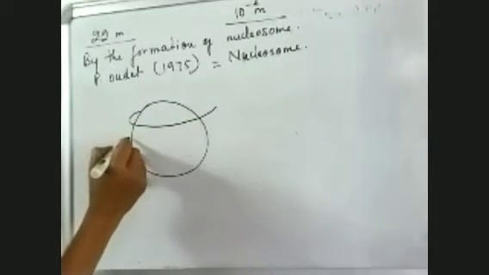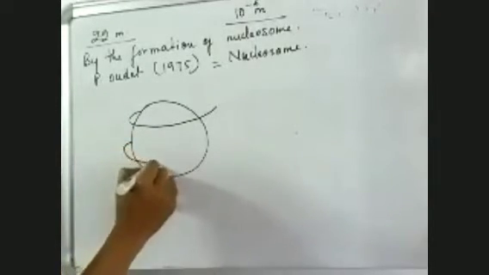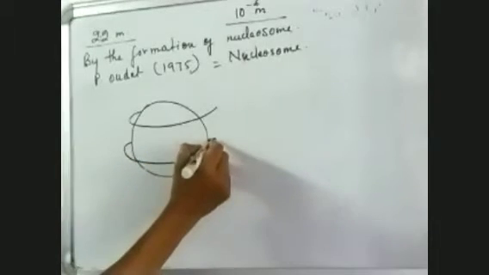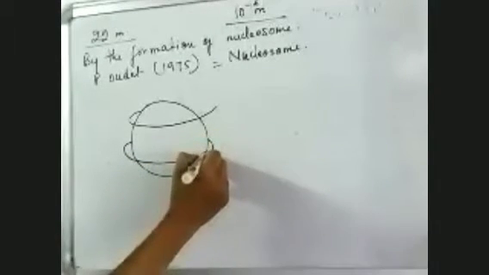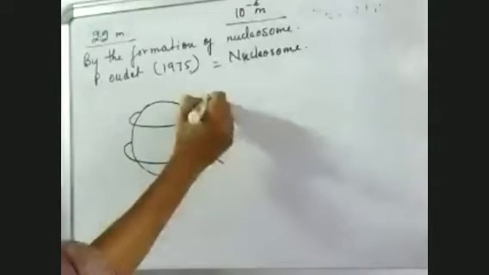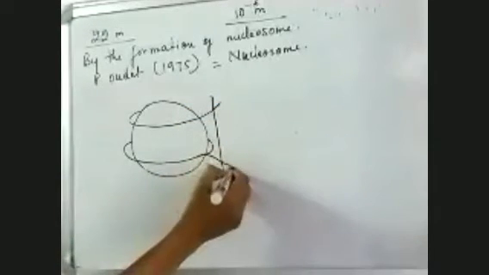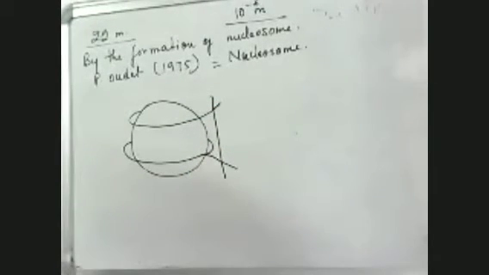It takes 1.7 turns, and then finally it joins by a linker. This is a nucleosome structure.